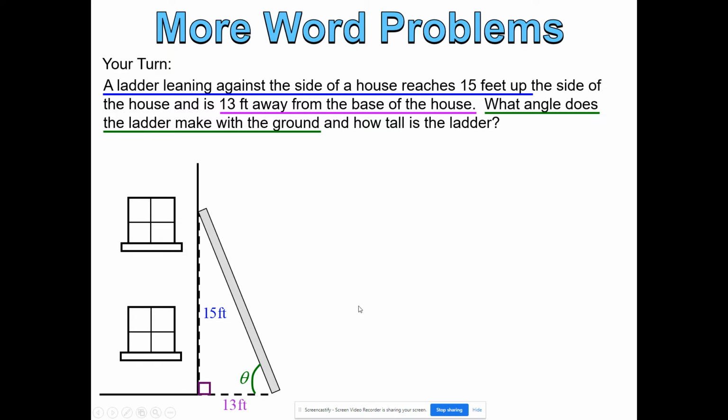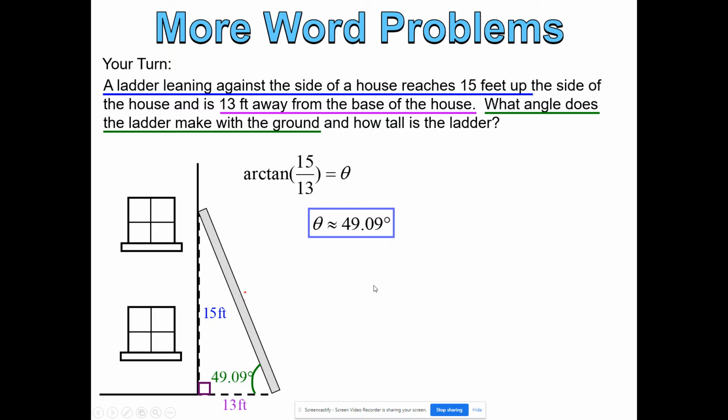So we're going to use tangent. Since we're finding an angle, we're going to use arctangent, which gives us 49.09. I know I rounded to the hundredths; you can round to the tenths, it's fine. So that's my angle.